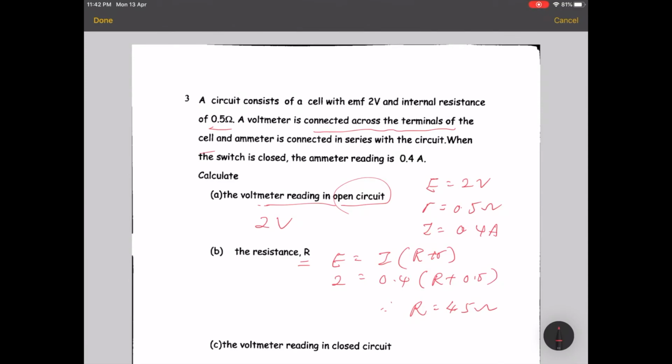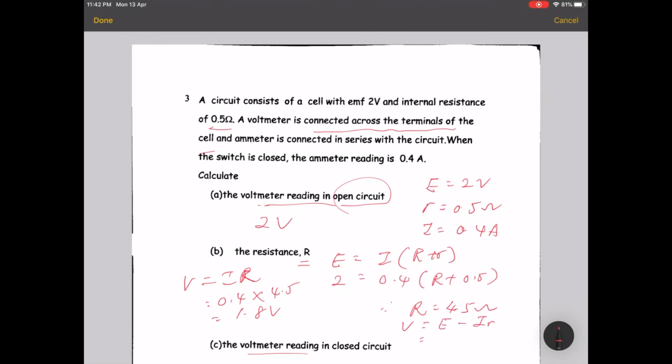Okay, so to get the voltmeter reading, you just need IR. So what's the I, my friend? 0.4. What's the R? 4.5. So that will be 1.8. But alternatively, you can also use this to get your answer.